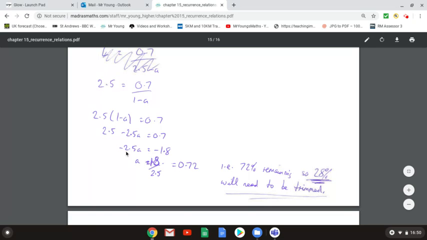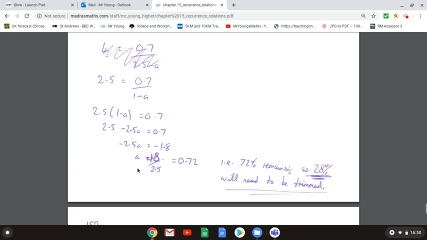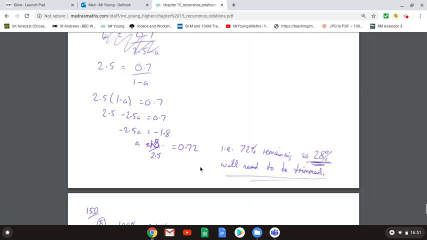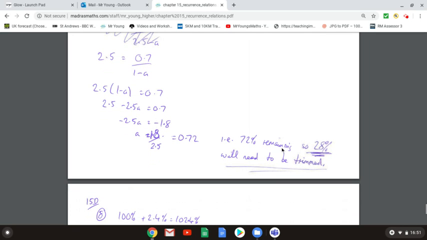Divide both sides by negative 2.5, and we're left with 1.8 over 2.5, which if we grab a calculator would come out as 0.72, or we could have multiplied top and bottom by 10 to get 18/25, which is 72%, multiplying top and bottom by 4. Okay, so there's going to be 72% remaining, so they need to trim 28% off.